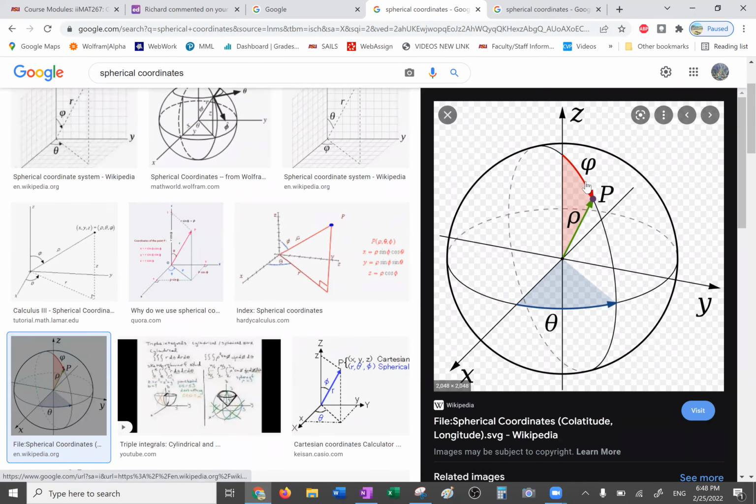Phi is this angle, like so. The farther, I would say it's 0 from here, from the North Pole. The farther away it is down, the bigger the angle. When it goes completely down, that is pi.